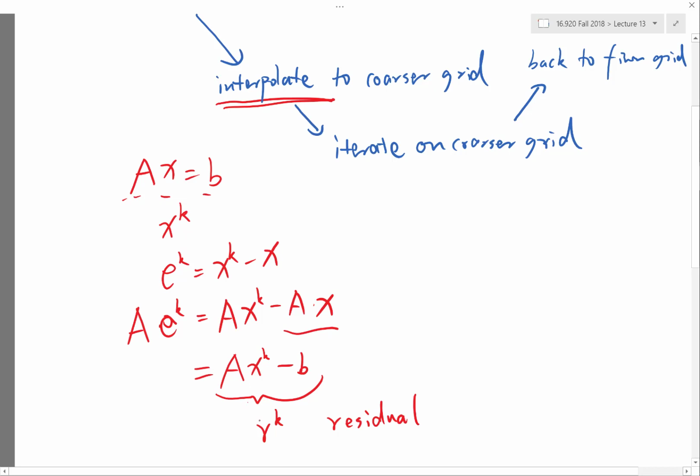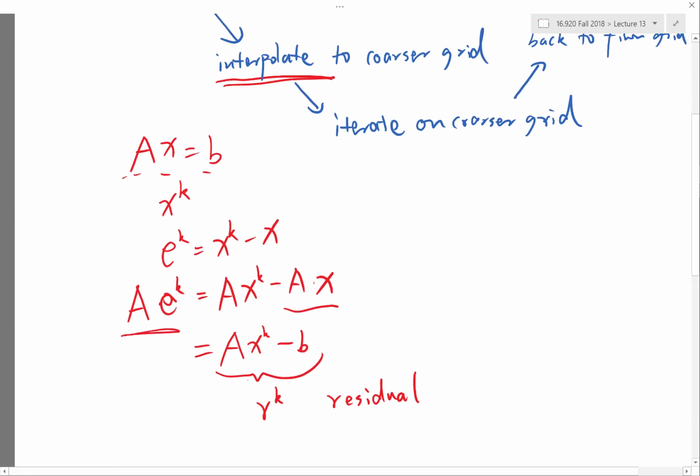Why is it useful to interpolate the residual? It's because on the coarse grid, we no longer solve the original equation. We solve the error equation instead: A times ek equals rk. If we knew ek, we would know the true solution, because we just subtract the error from the last iteration's solution.